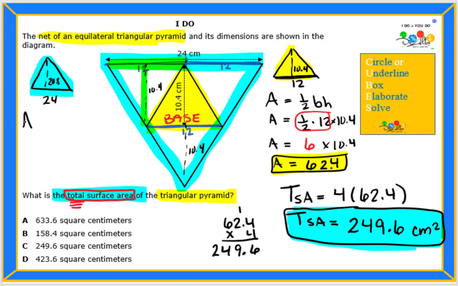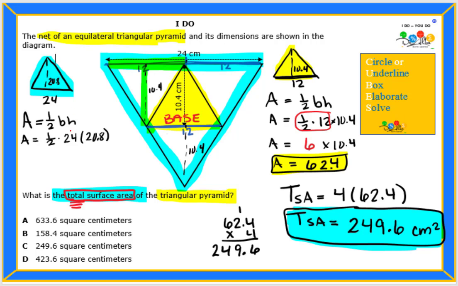Okay, so now we would use our triangle formula, half of the base times the height, and we would use our dimensions, half of 24 times 20.8.